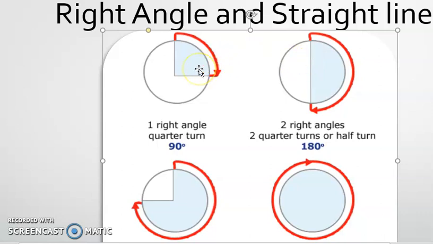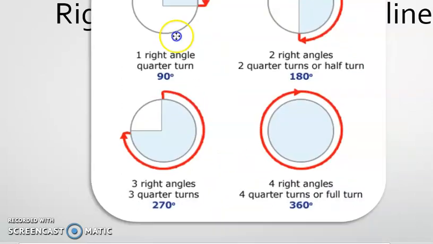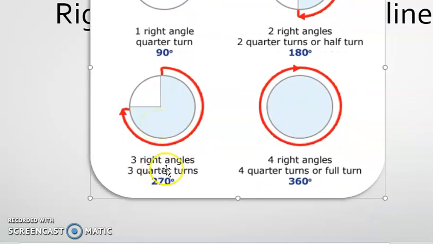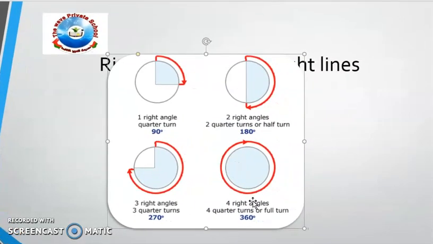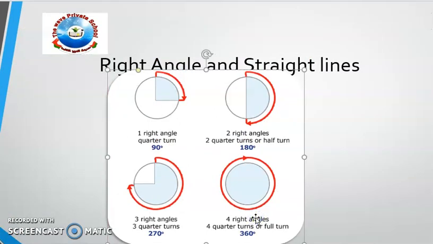Okay, 1 quarter, 1 right angle, 90 degrees. 2 quarters, 2 right angles, 90 plus 90, 180 degrees. 3 quarters, 3 right angles, again 90 plus 90 plus 90, then we will get 270. And 4 quarters means 4 right angles, and we have to add 90 four times, 360 degrees. So now follow me, grade 3.